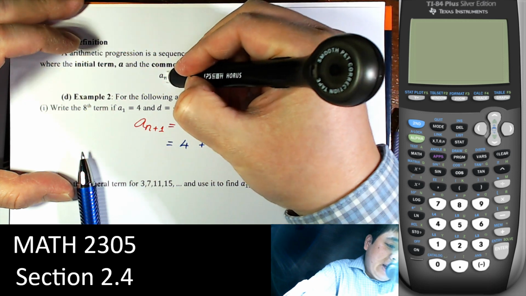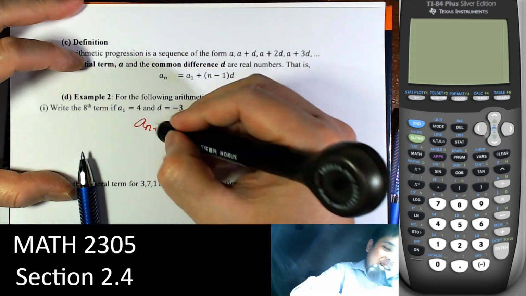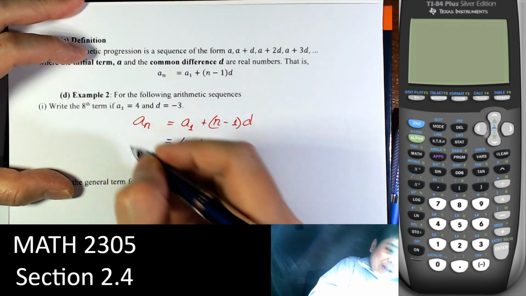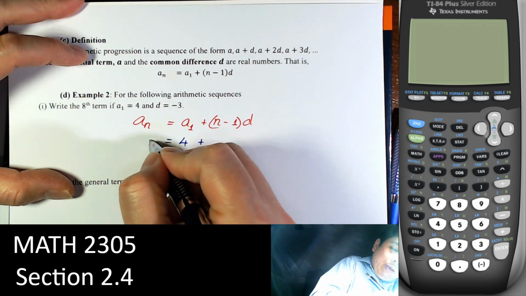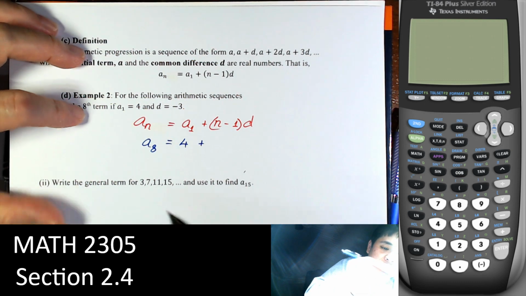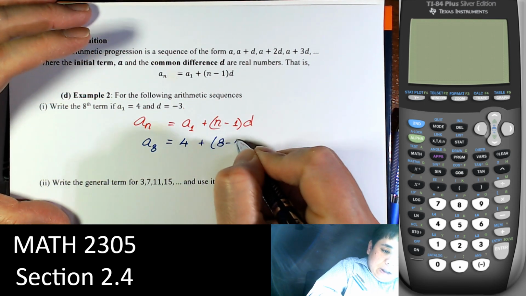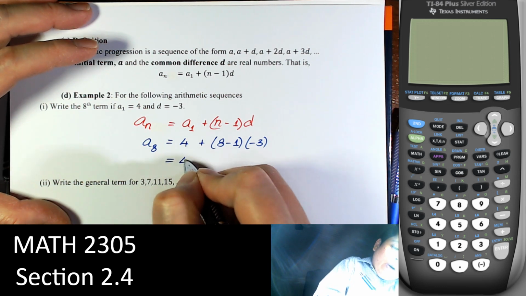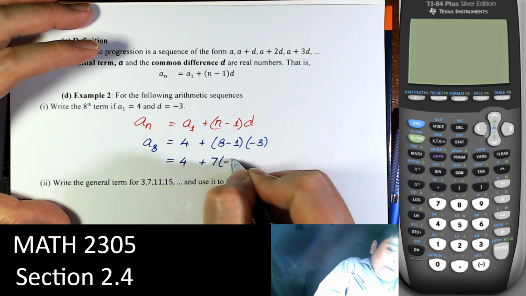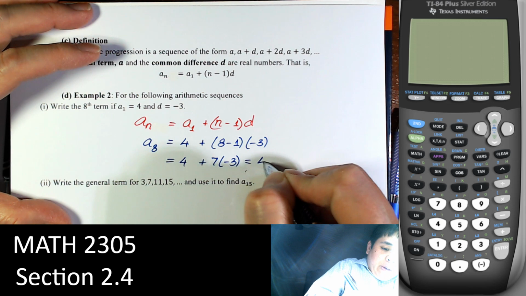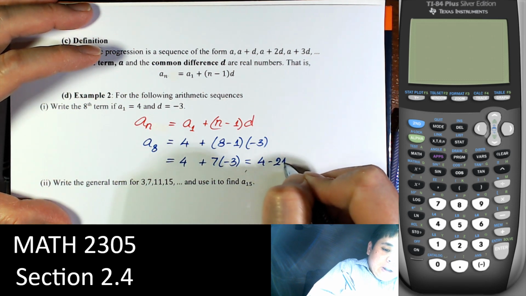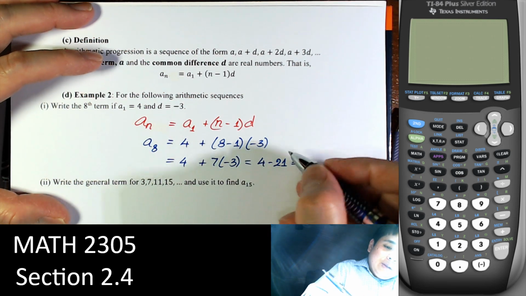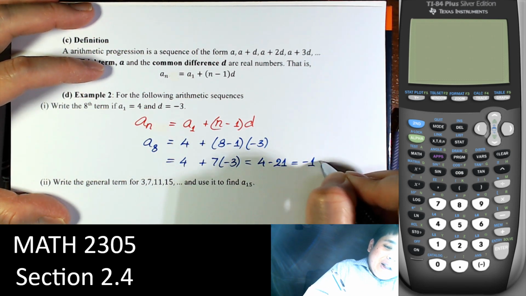It should be A sub n, not n plus 1. Sorry. So A sub n. If we want A18, we're going to put 18 for n. And common difference is -3. So that gives us 4 plus 17 times -3. 4 minus 51. Minus 47.